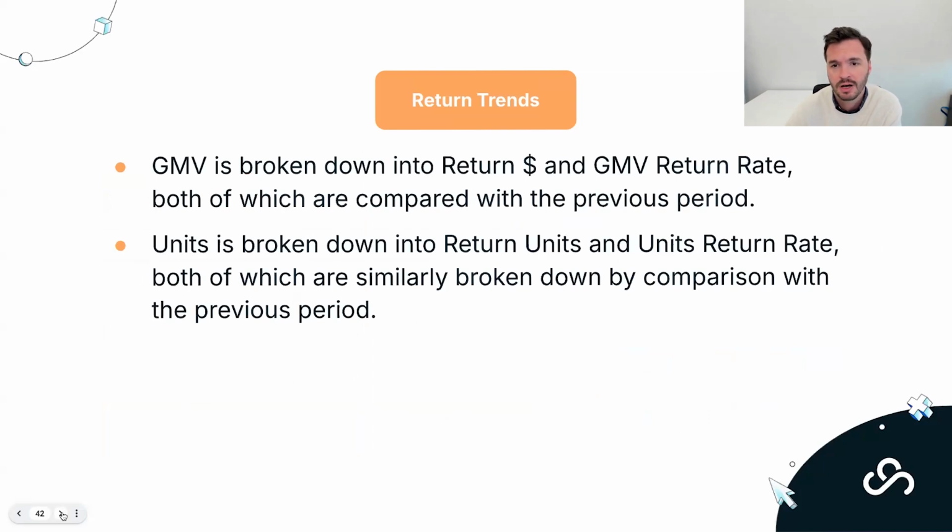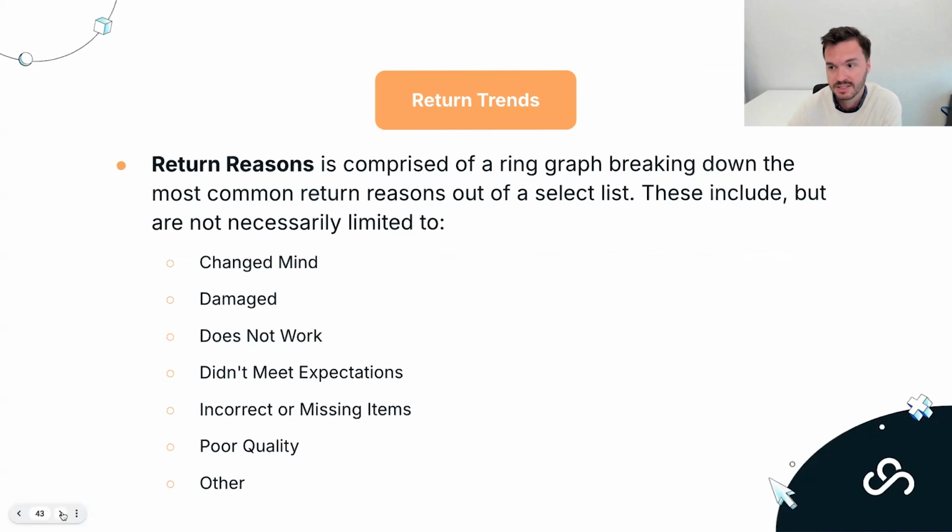GMV is broken down into return dollars and GMV return rate, both of which, as with anything in these dashboards, are compared with the previous period. It'll give you that green up arrow or the red down arrow. And then units is broken down into return units and units return rate. Those are also compared against the same previous time window.